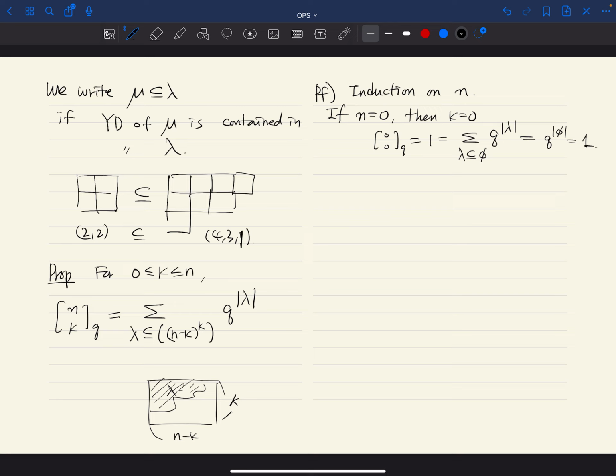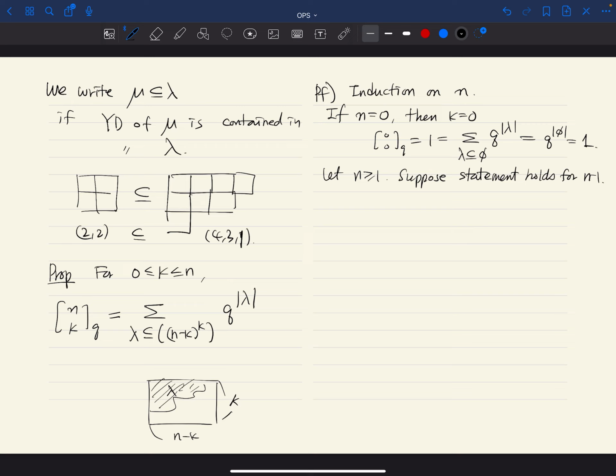So suppose the statement holds for n minus 1, and then we're going to prove our recurrence.